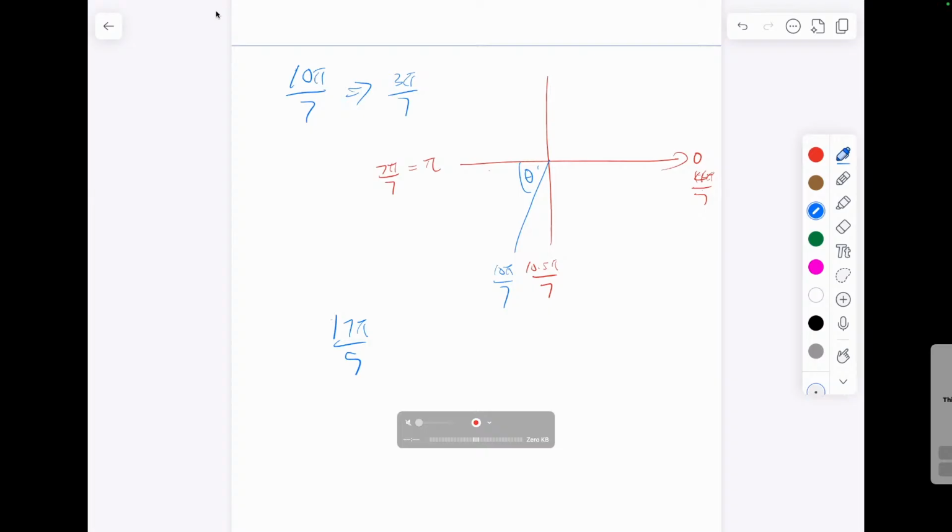No, wait. Yeah. If that's 18 pi over 9 and 17 pi over 9, from 18 to get... oh yeah, no, he's right.